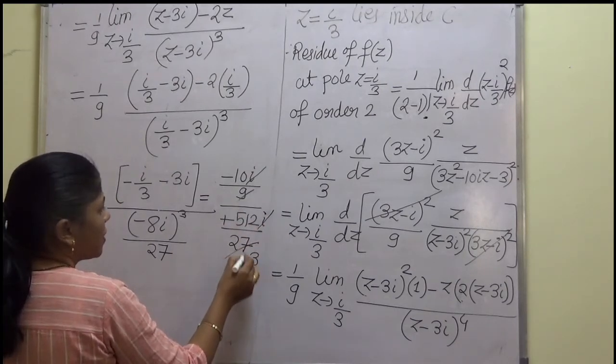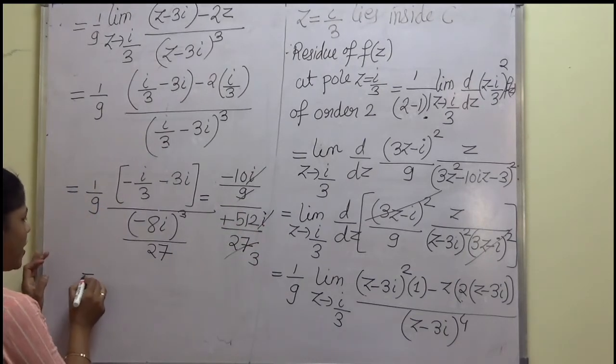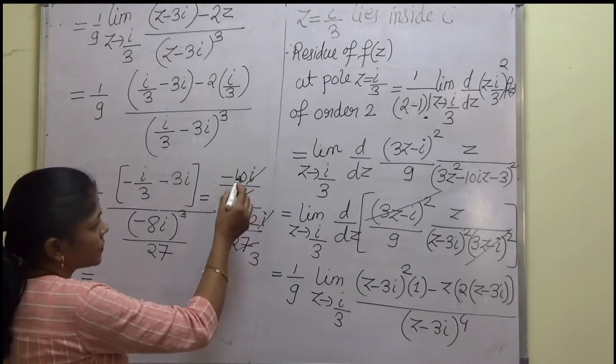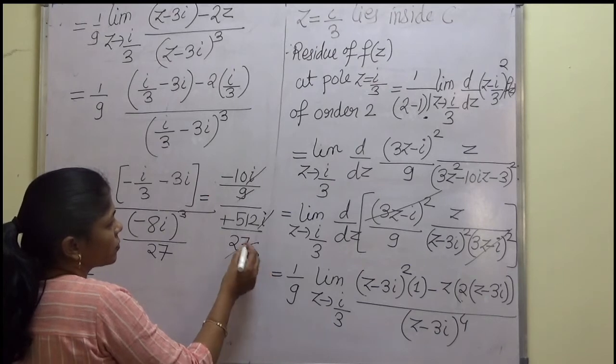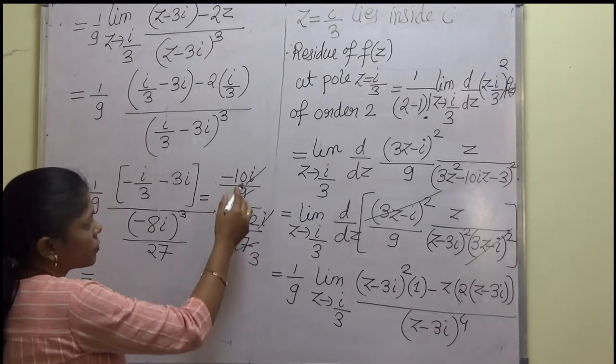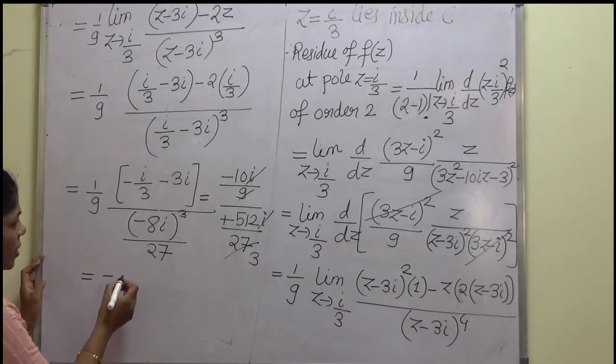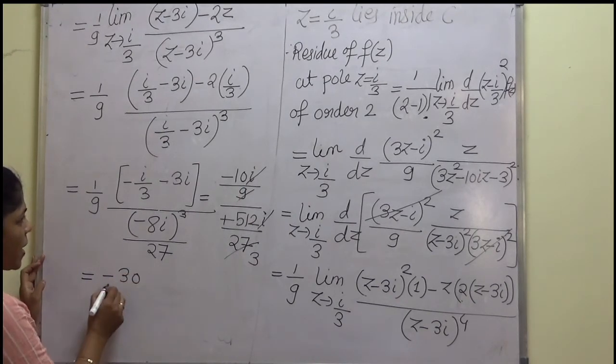Then simplify. So we have over here minus 30 by 512.